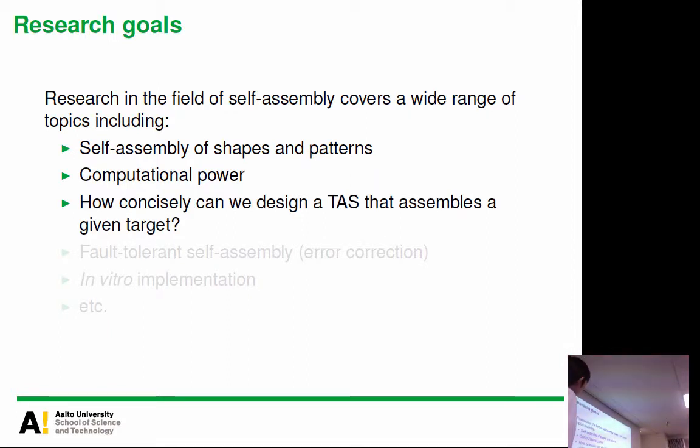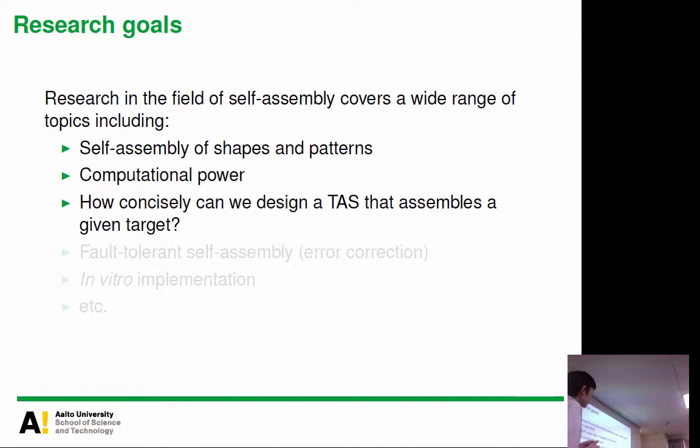And another question, which is the motivation for my talk: how concisely can we design a TAS? What does concisely mean? Concisely means how many different DNA tiles we need to design. Design means we need to figure out what the sequences of this DNA are so that we do not make something completely nonsense. For each DNA tile type, we need to design these sequences, but this sequence design is a very difficult task even using computers.